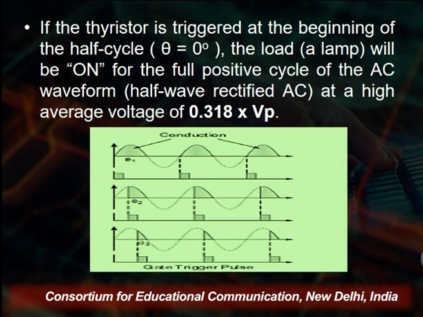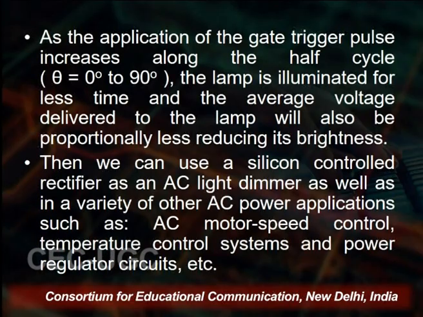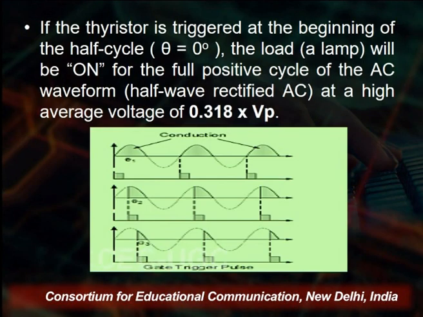Now, as the application of the gate trigger pulse increases along the half cycle from 0 to 90 degrees, the lamp is illuminated for less time, and the average voltage delivered to the lamp is also proportionally reduced, reducing its brightness. As you see here, now it is triggered at a later point, then the illumination is less.